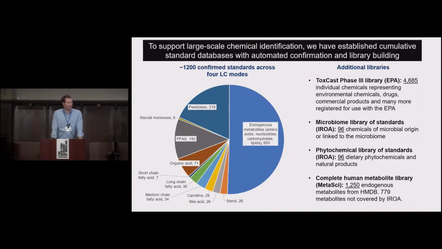To date, this has allowed us to confirm over 1,200 standards across our 4 LC modes, and additional libraries that are in the queue that we're planning to run include many other exposome and endogenous metabolites.